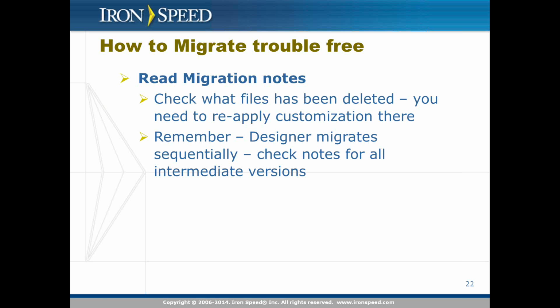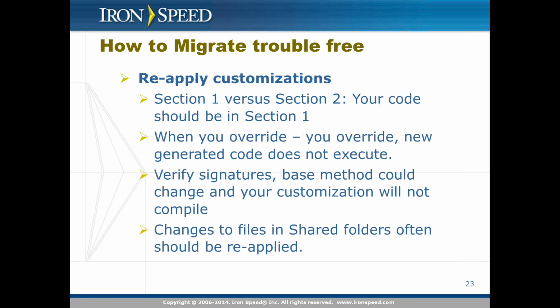And again, read migration notes and apply your customizations. One thing we always say, and I repeat it again: all your customizations on the generated file, such as control file or code behind file, have to go to section 1.